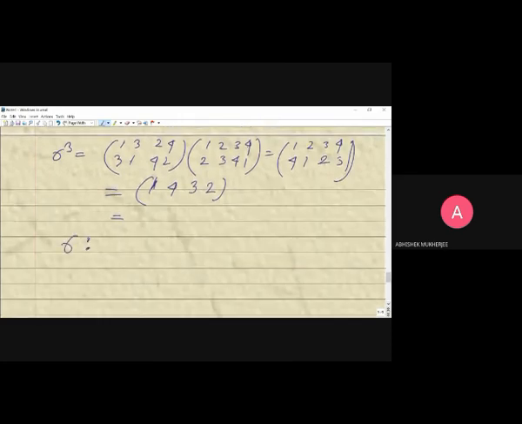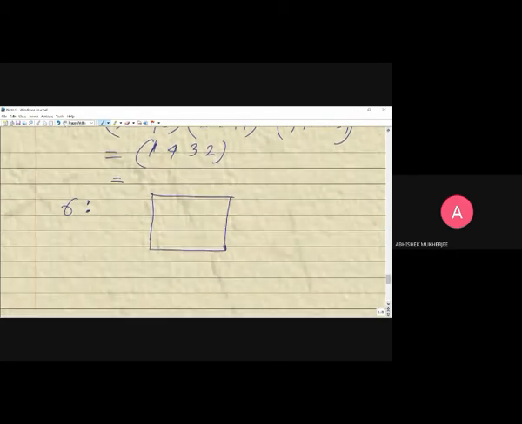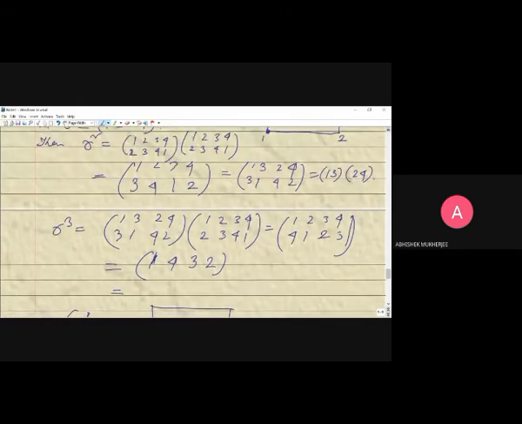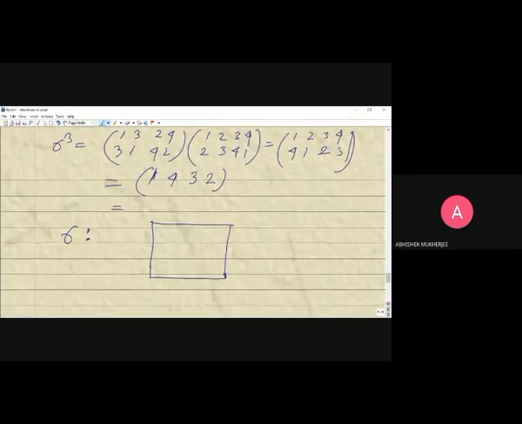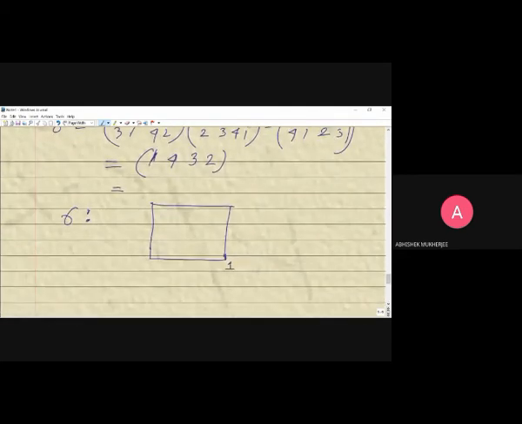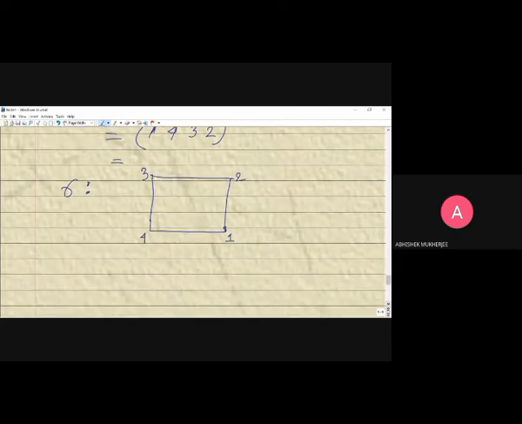Sigma is 1 goes to 2, 2 goes to 3, 3 goes to 4, and 4 goes to 1. Yes. This one. This is your sigma.